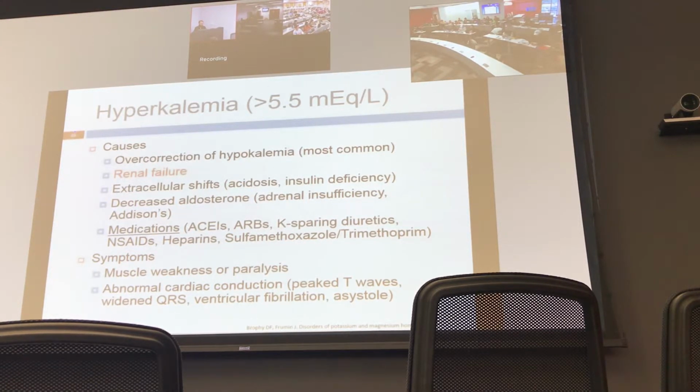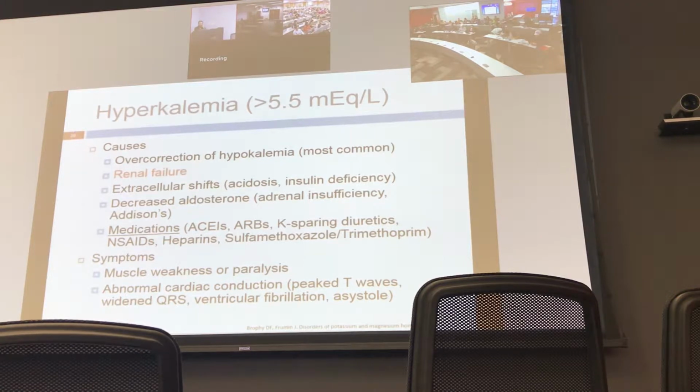And decreased aldosterone effect, as well as certain meds, some of which affect the aldosterone and some of which inhibit potassium excretion. So your symptoms, once again, are muscular. The typical cardiac symptom that you think of, aside from actual arrhythmias, is peaked T waves on an EKG. If you see peaked T waves on an EKG, then you should take that as a sign that the patient has severe hyperkalemia.